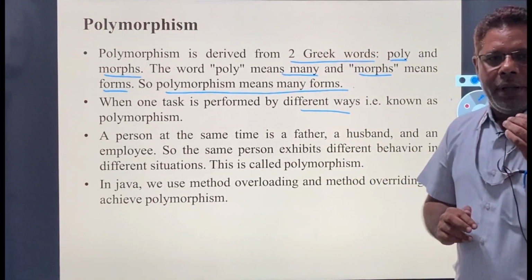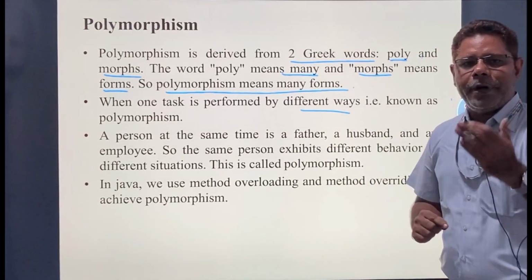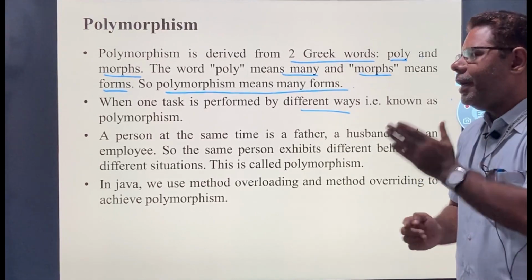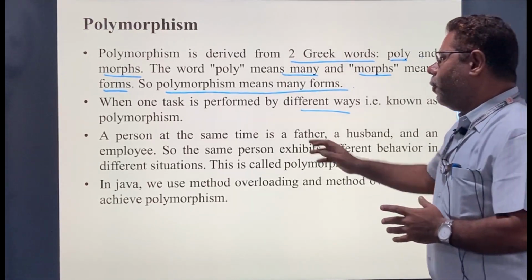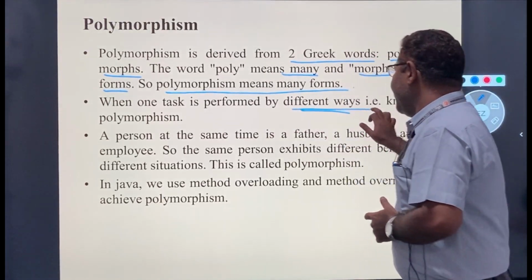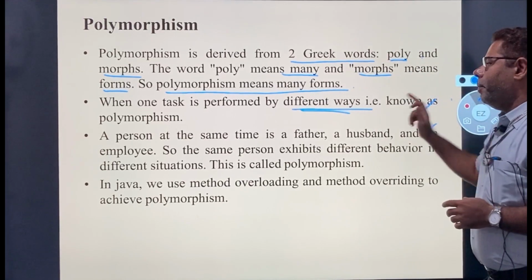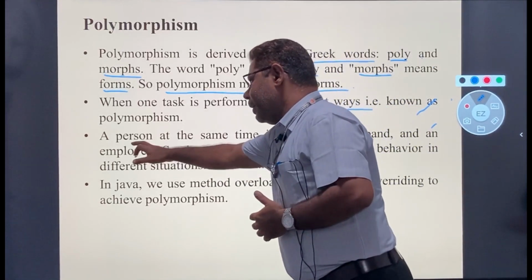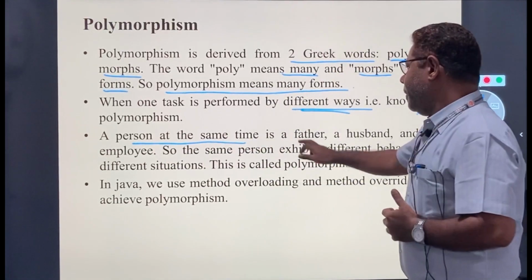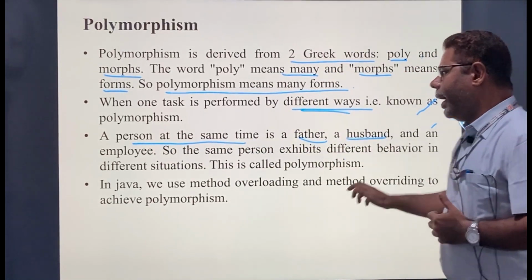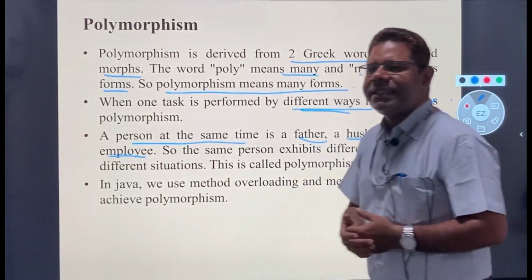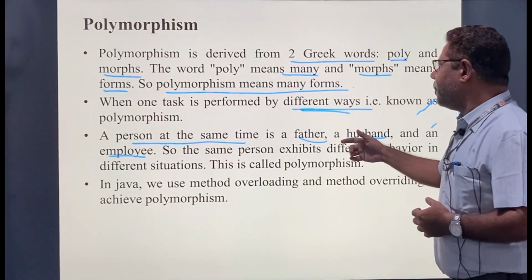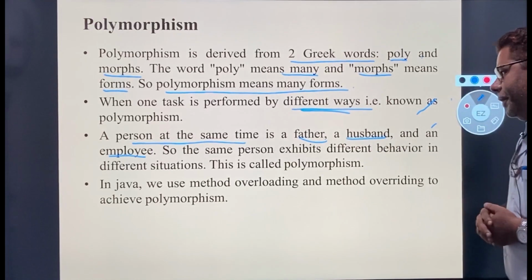So we can perform the traveling in different ways. Another example, consider a person. The person acts as a father, husband and employee at the same time. This is also an example of polymorphism.